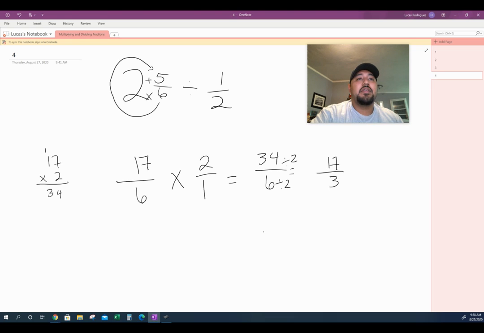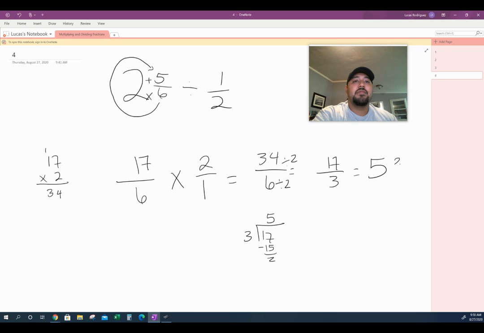So I need to divide top in, bottom out, and figure out how many 3's go into 17. 3, 6, 9, 12, 15, 18. Well, 18 is too much, so we're going to do 5, which is 15. So that's going to be 5 wholes, and let's see what's left over. We can see that 2's left over, so that goes in our numerator. Keep the same denominator. And that would be the answer.